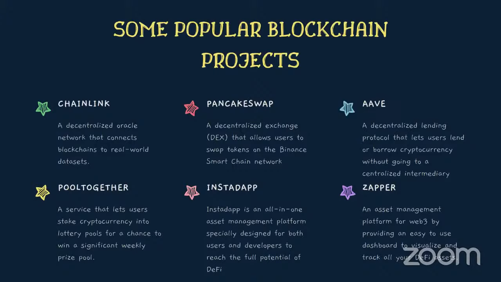Chainlink is a decentralized oracle network that connects blockchain to real world data. Anything on the blockchain does not have access to real world data.